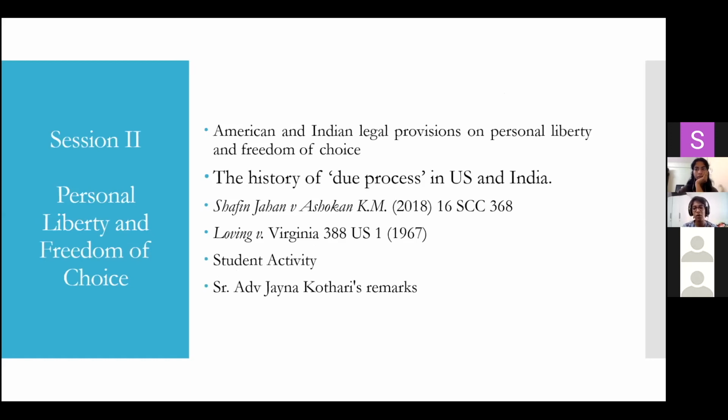So in the US case, we spoke about the three distinct types of litigation where due process was used. The first being the incorporation theory cases, followed by the economic due process cases, and finally the right to privacy cases.